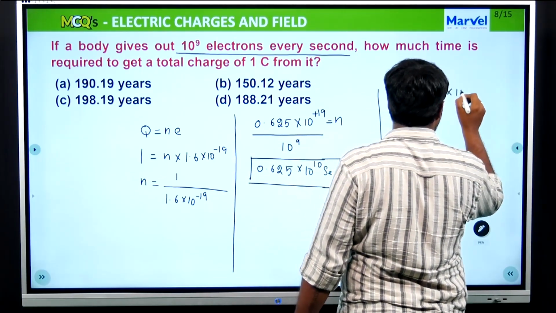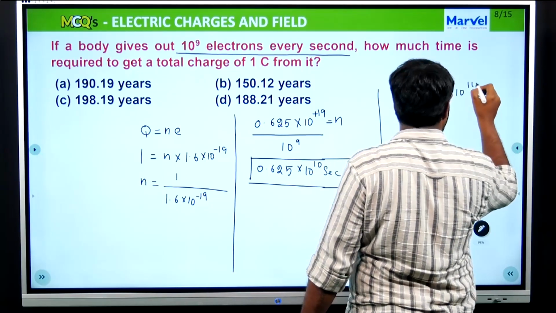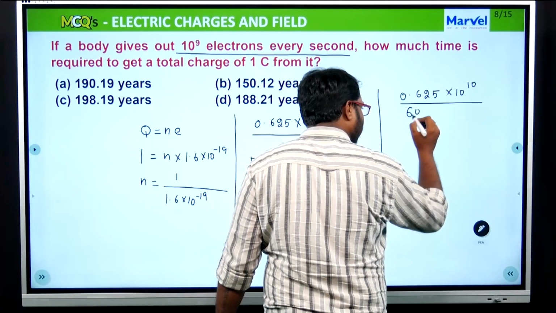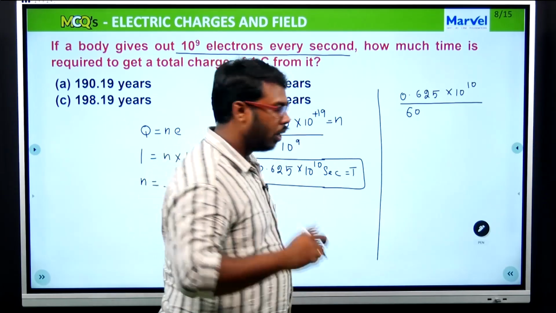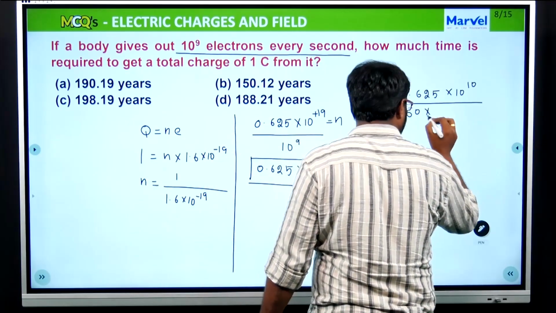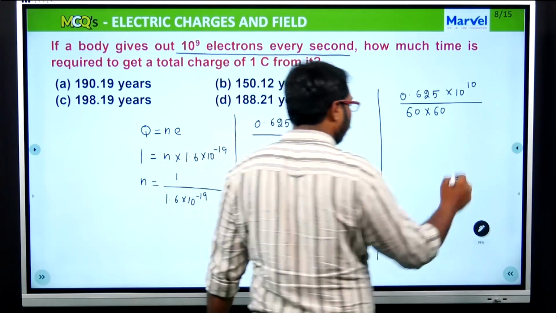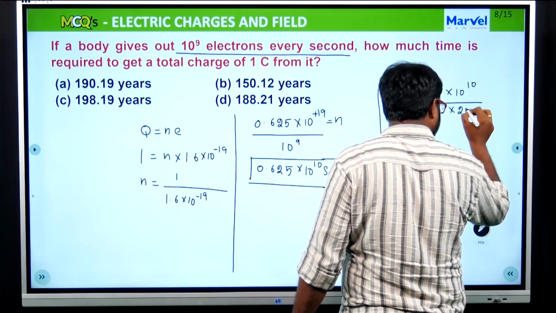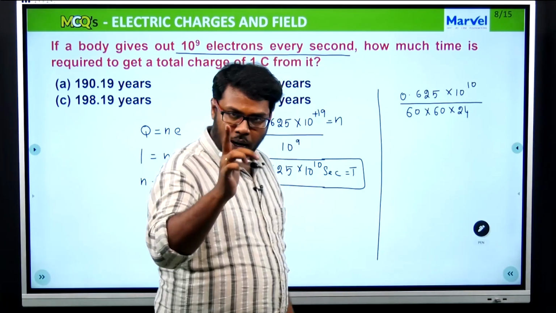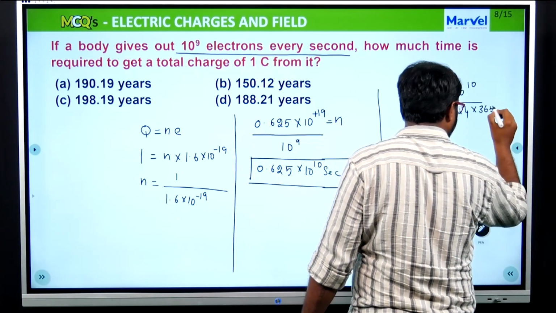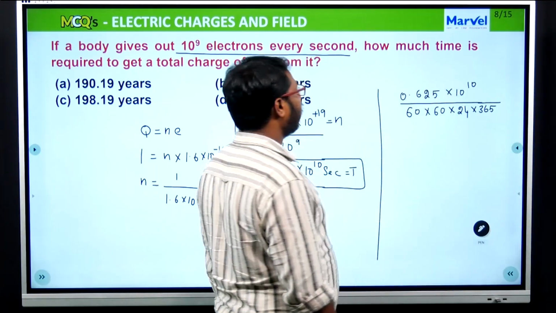0.625 into 10 power 10 divided by 60, since 60 seconds together make 1 minute, and 60 minutes make 1 hour. 24 such hours give you 1 day, and 365 days make 1 year.